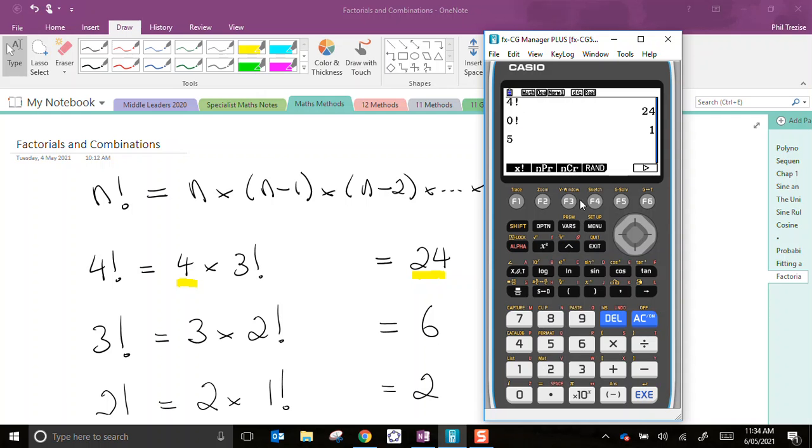We did 5C3, didn't we? Equals 10, just like we thought. Of course, we could always do it 5 factorial over 5 take 3 brackets factorial by 3 factorial. We could write it just the way we did on our notes. And of course, we still get the answer 10, don't we?